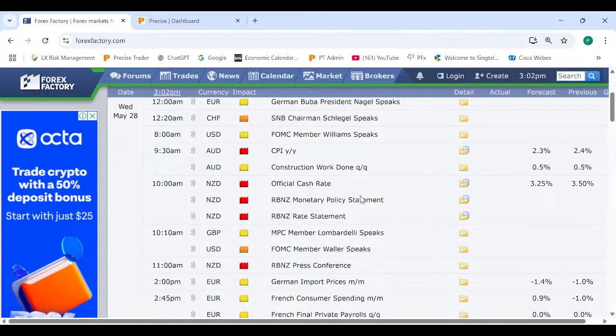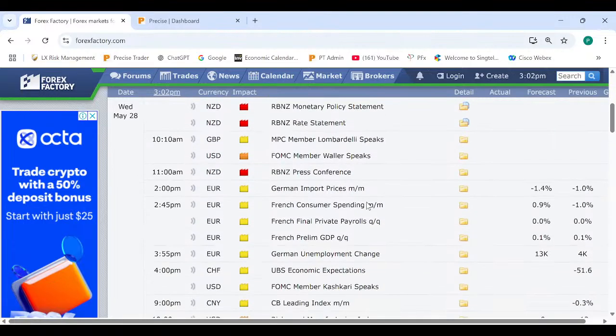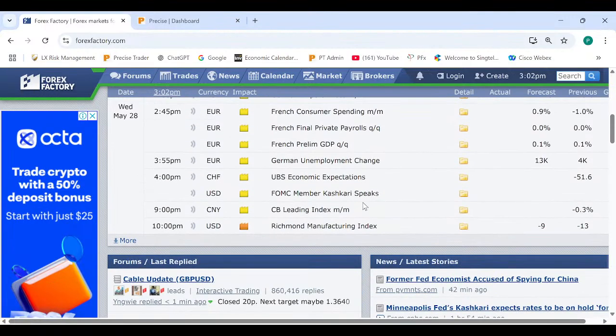Wednesday we have the Swiss National Bank giving a talk. Then we have Aussie CPI, and a New Zealand interest rate announcement and statement, followed by the press conference.